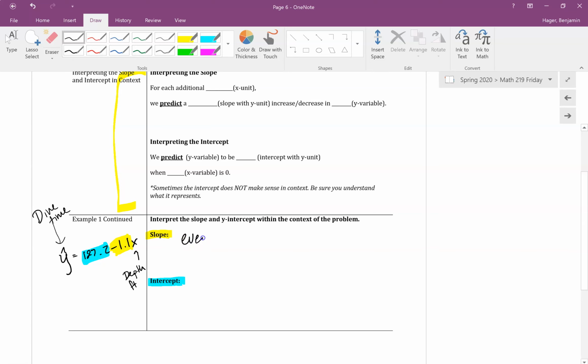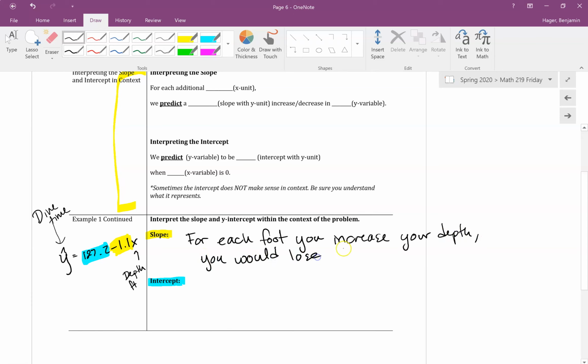You could say it a whole bunch of different ways, but for each foot you increase your depth, you would lose 1.1 minutes of dive time.